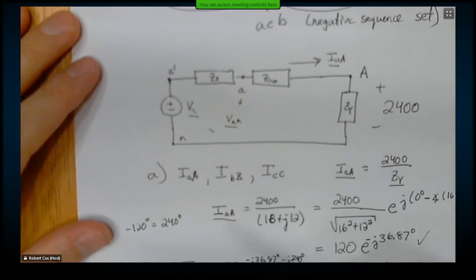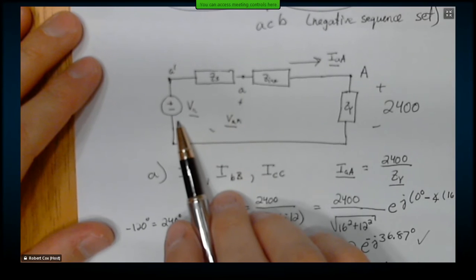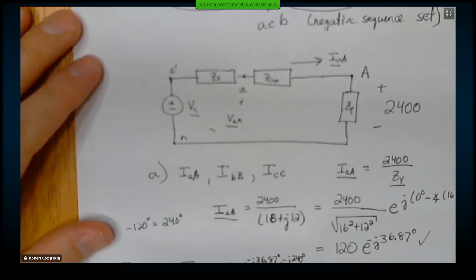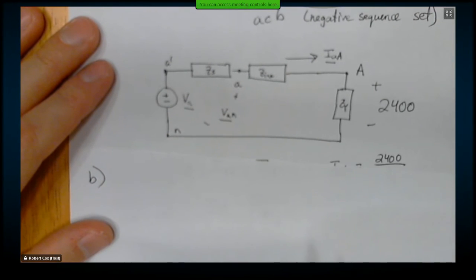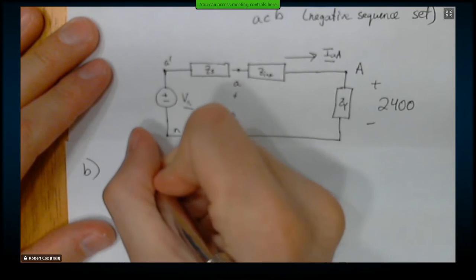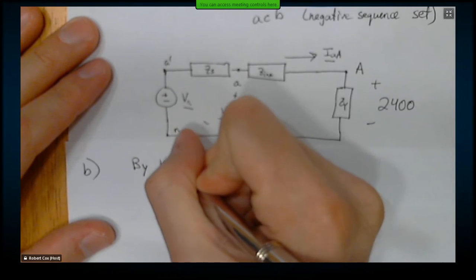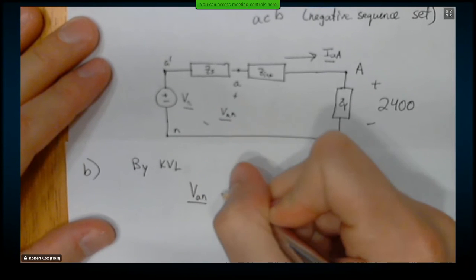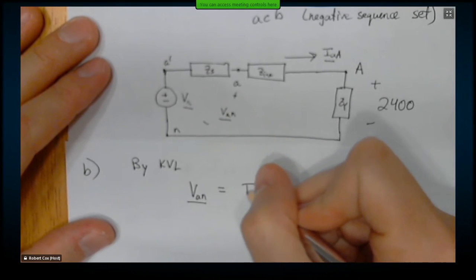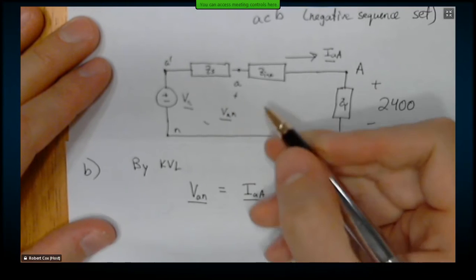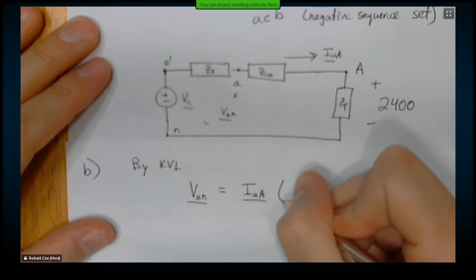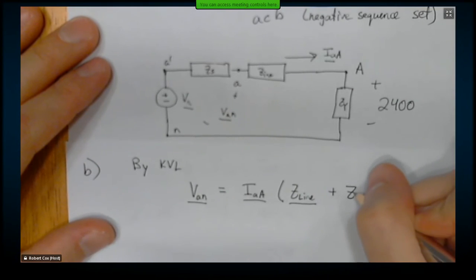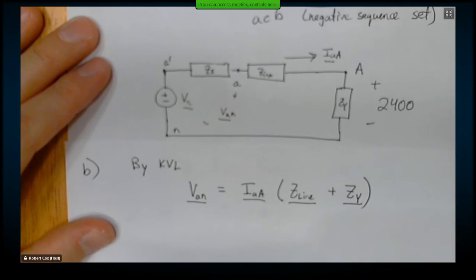How do I do that? Well, I don't know what this voltage is just yet, but what I do know is what this current is. If I look at that circuit, by KVL, if I define this as VAN, VAN must be IAA, the current going through here, times Z line plus ZY.